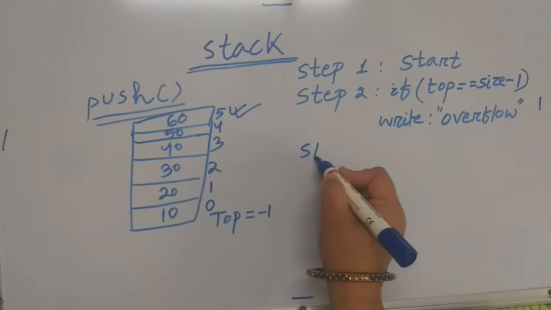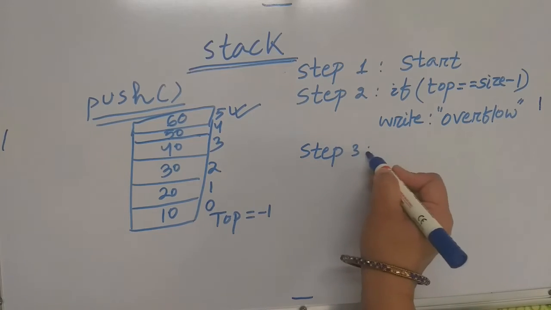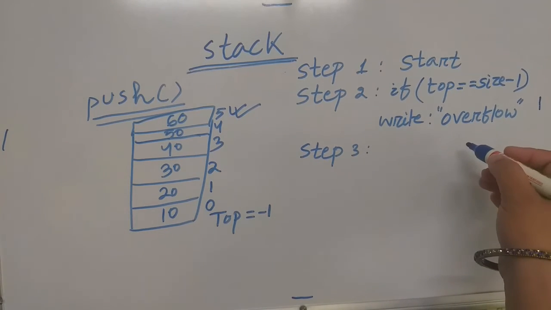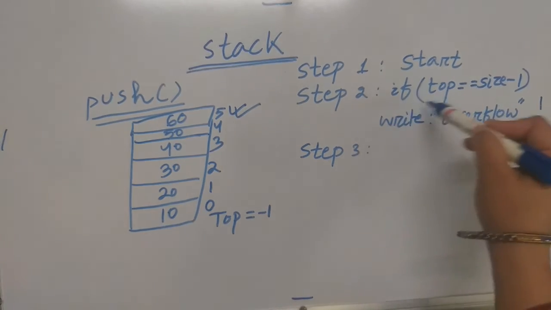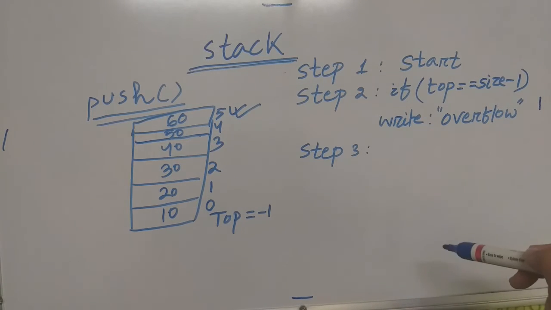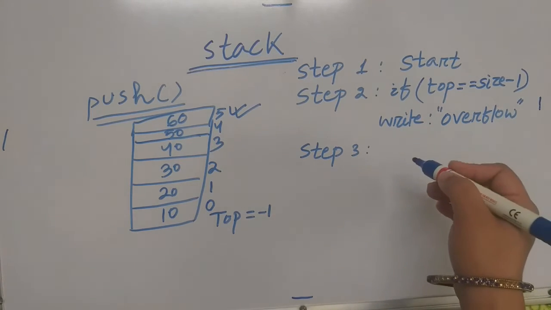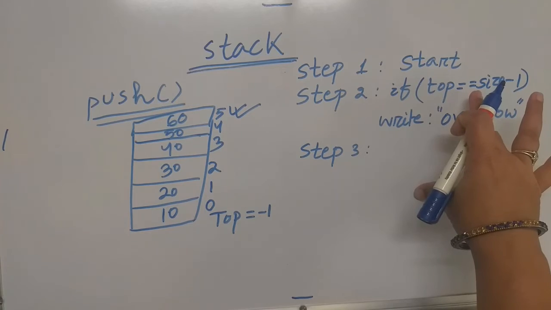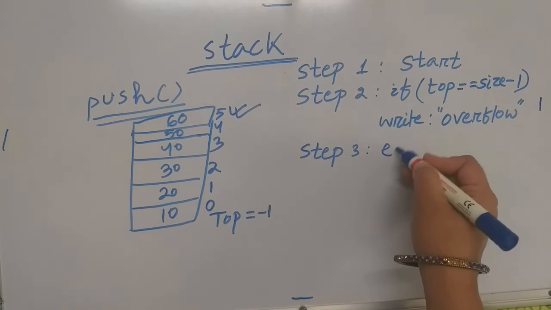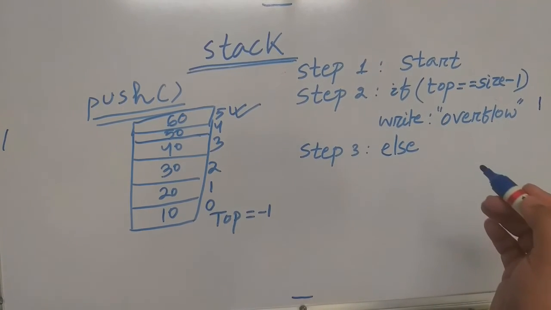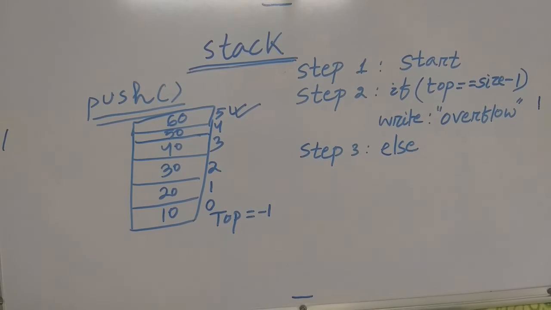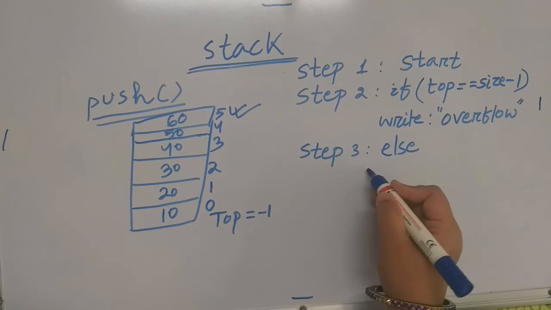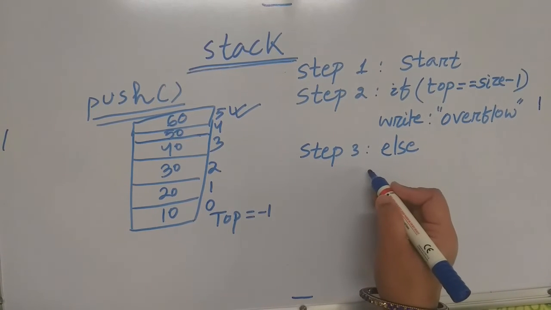Then step 3: if the stack is overflow, then we go outside of the loop. But if it is not overflow, then what do we do in the else condition? You write down the else part also. So in the else condition, you write down else. So this is your 3. You write down a different number of statements here.